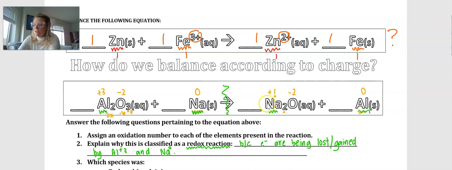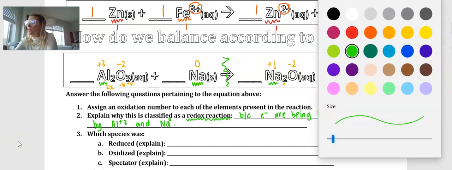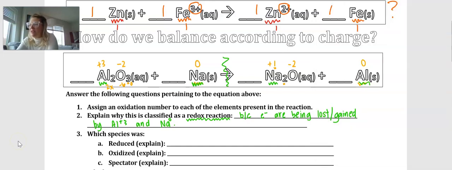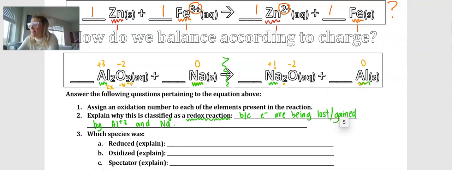Next, we want to go ahead and determine which species was reduced, which was oxidized, and which was our spectator ion. So in order to do that, let's start with spectator ions. I like to take those out right off the bat and kind of eliminate them from my problem. So again, a spectator ion is anything whose charge does not change. And the only species whose charge does not change in this reaction is going to be oxygen.